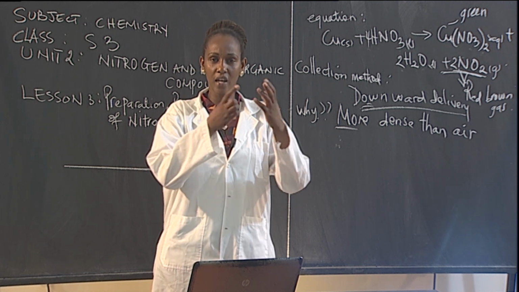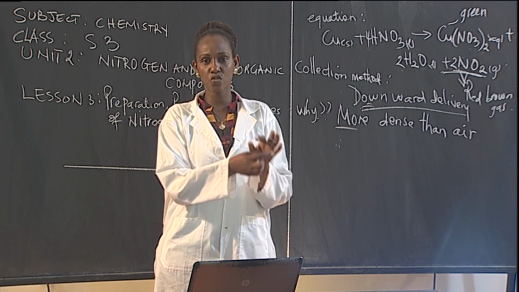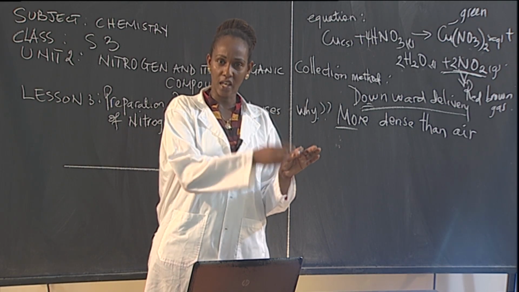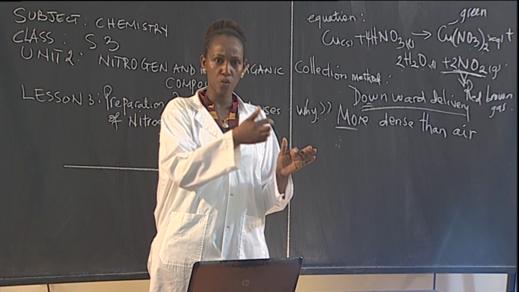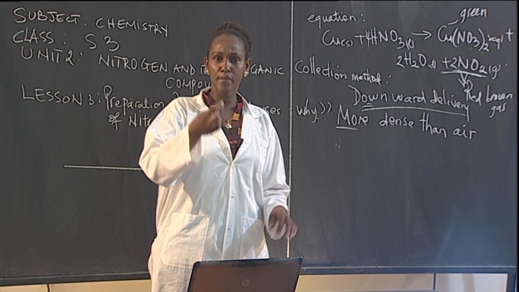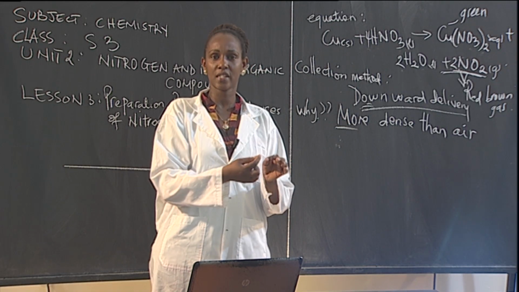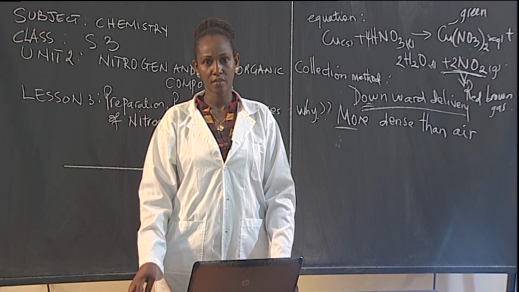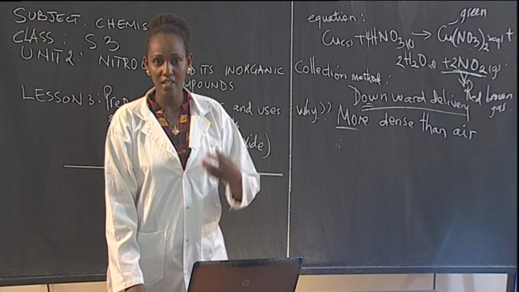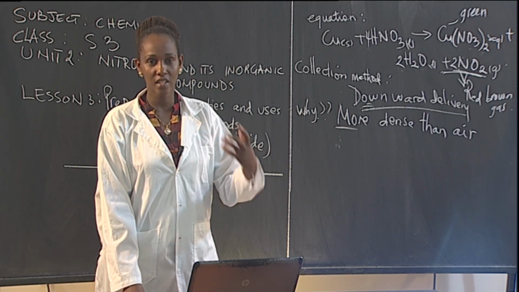So you have a gas jar or a test tube containing nitrogen dioxide gas. Then you introduce a wet blue litmus paper. Immediately it will turn red. So that is a property showing that nitrogen dioxide gas is an acidic gas.